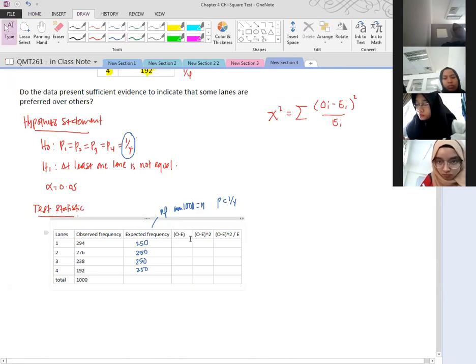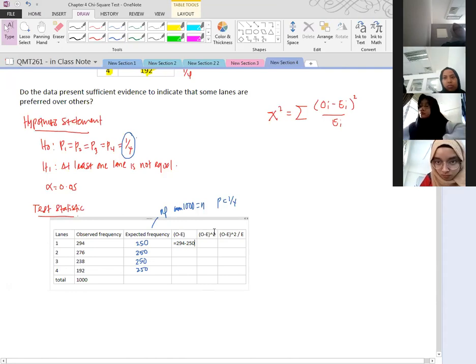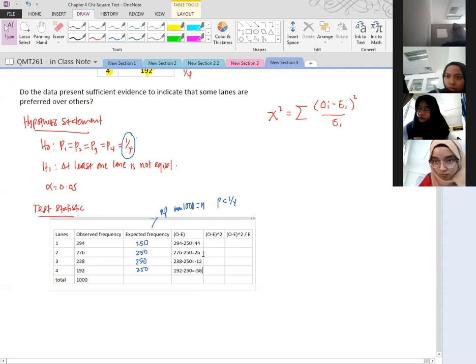So observed minus expected: 294 minus 250 equal to 44. This is 276 minus 250, this is 238 minus 250, and last is 192 minus 250, which is minus 58.